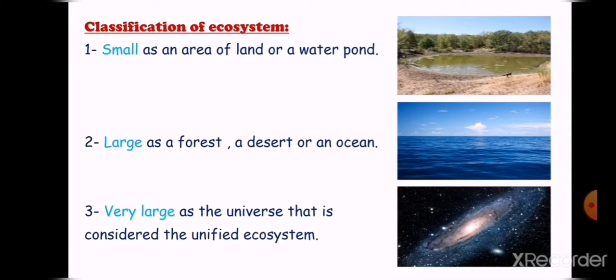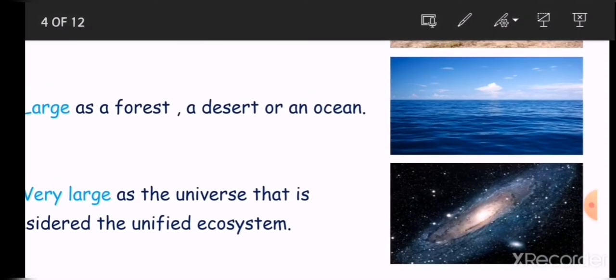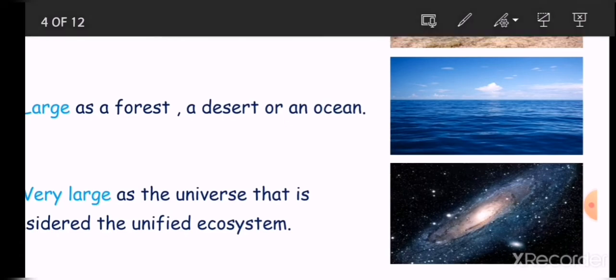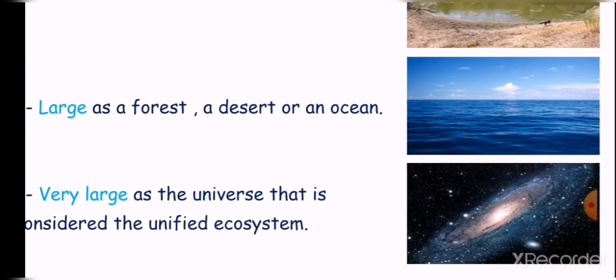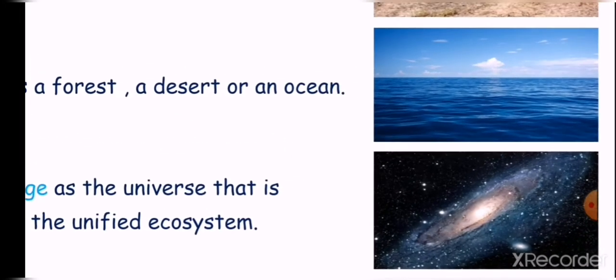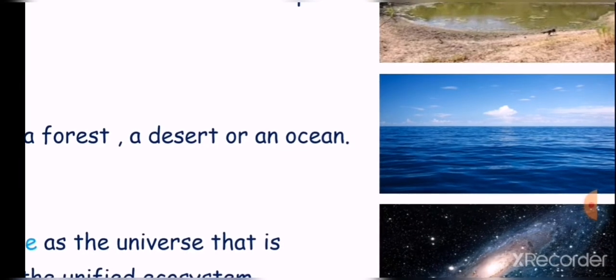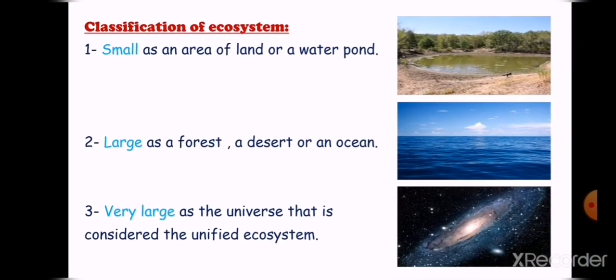And very large ecosystem like the universe. The universe is considered the unified ecosystem, like this galaxy or the universe. So we can classify the ecosystem into 3 types, which are small, large, and very large.